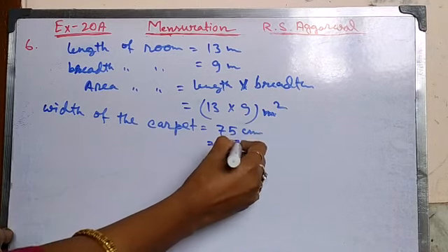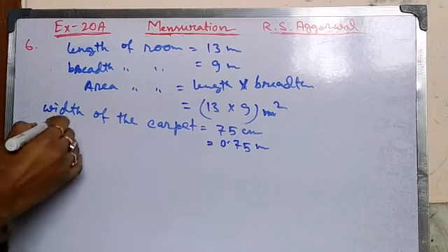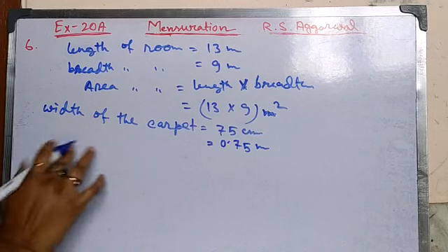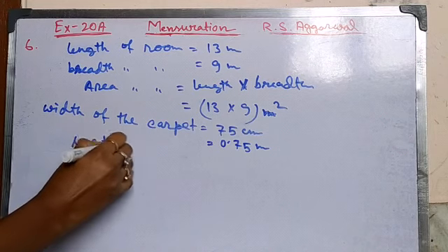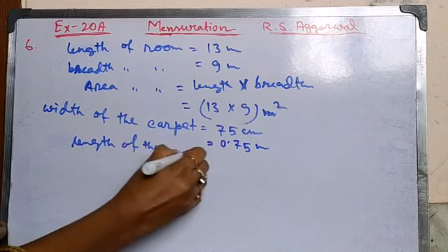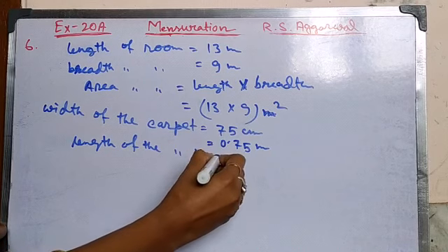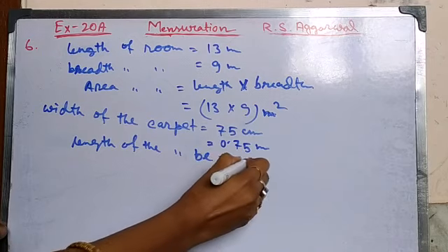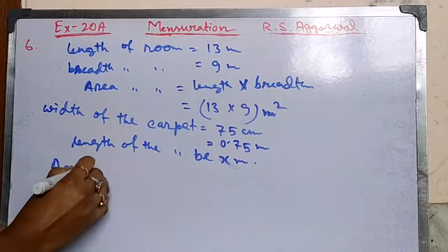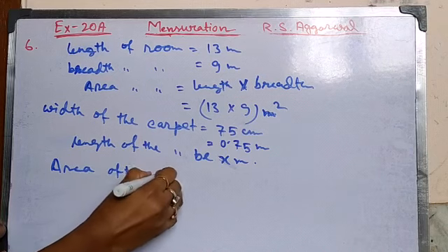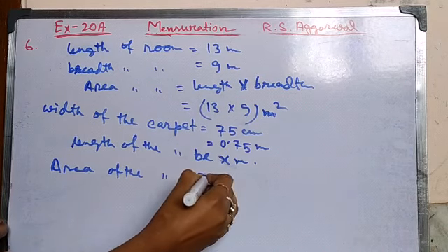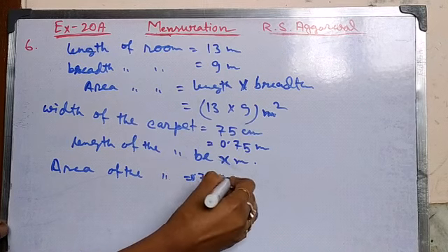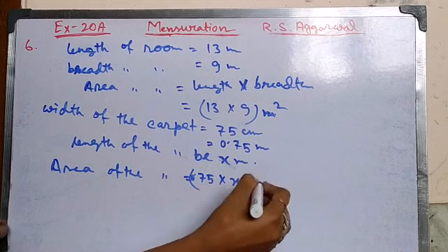That means 0.75 meter. Now let the length of the carpet be x meter. So the area of the carpet is 0.75 into x meter square.